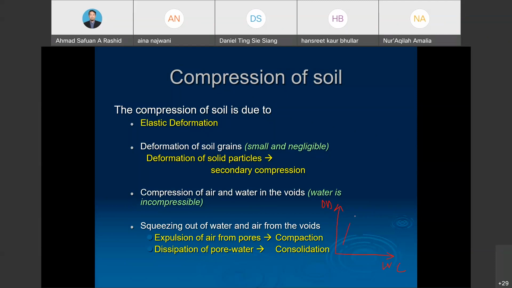Then usually the pattern of this graph we call a bell-shaped pattern. Okay, dipanggil loceng.